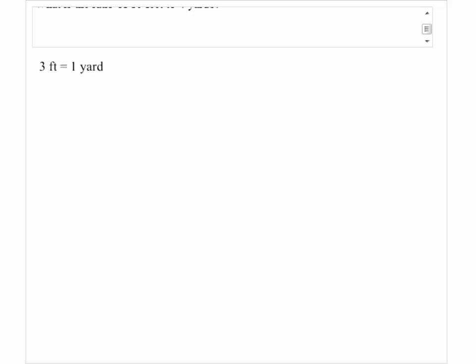What is the ratio of 10 feet to 4 yards? Well, we need to convert the unit here. We know 3 feet is equal to 1 yard. So if I convert 4 yards, we have 4 yards here.